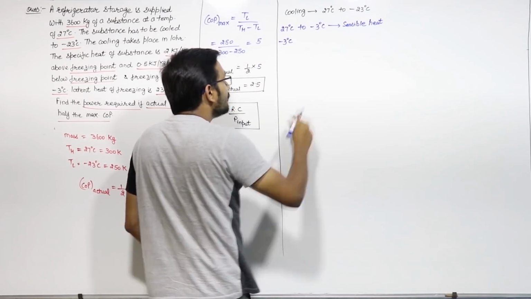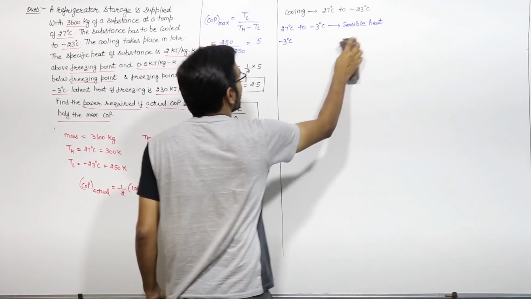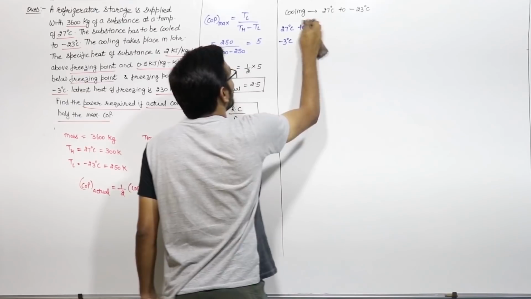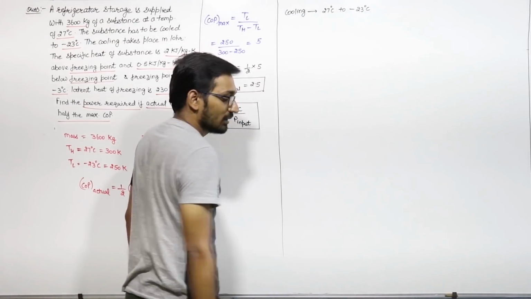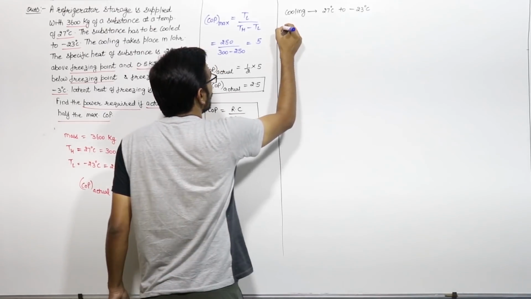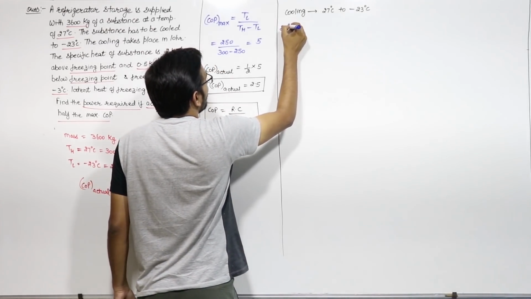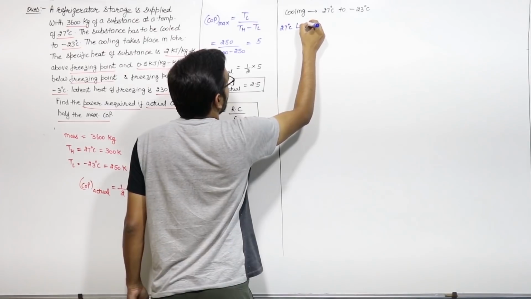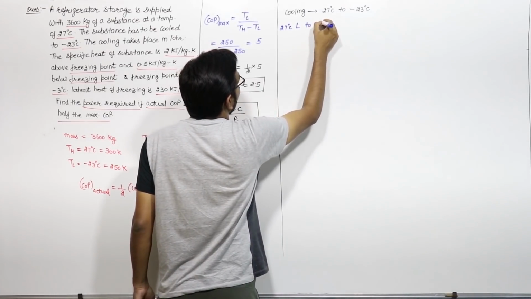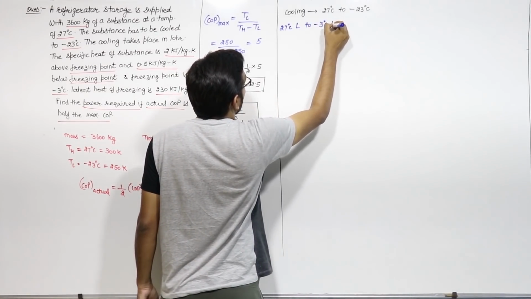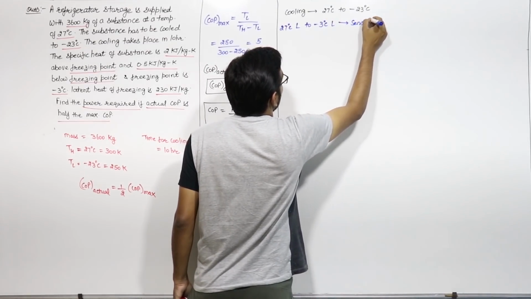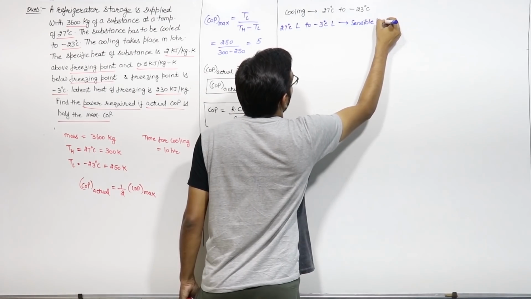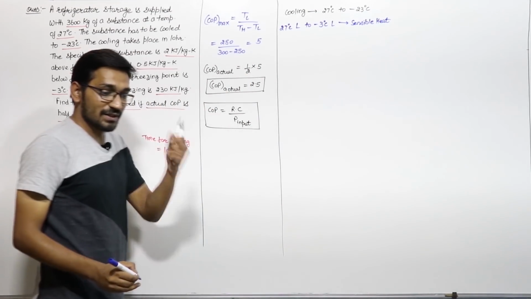If you write it like this, let me write so that you will have a better picture of what is happening. From 27 degrees Celsius liquid to minus 3 degrees Celsius liquid, we have to remove the sensible heat, right? The temperature is decreased.